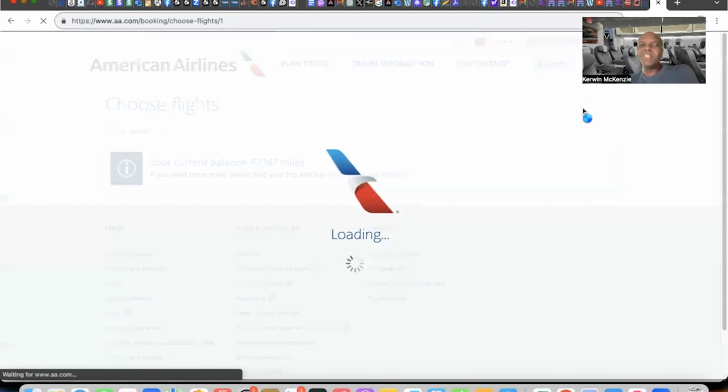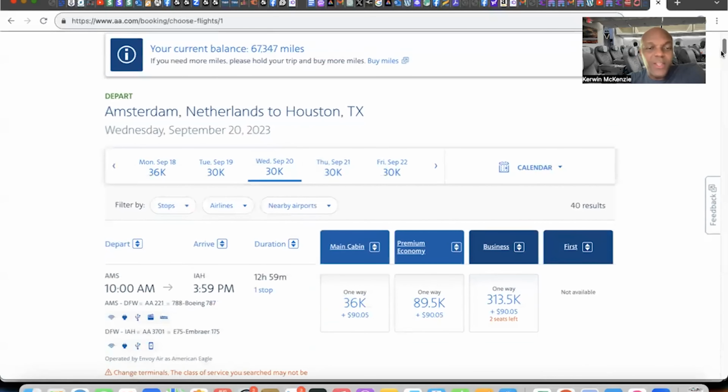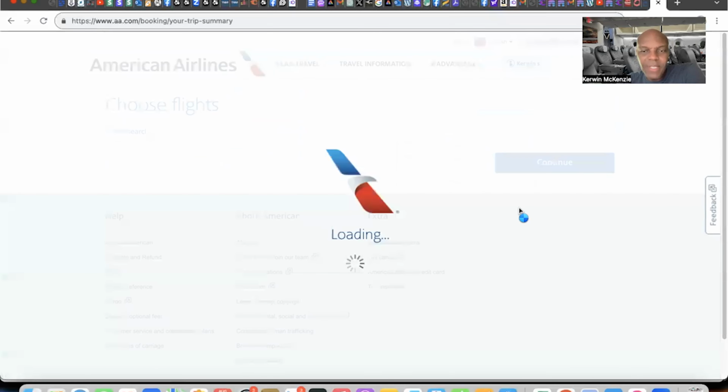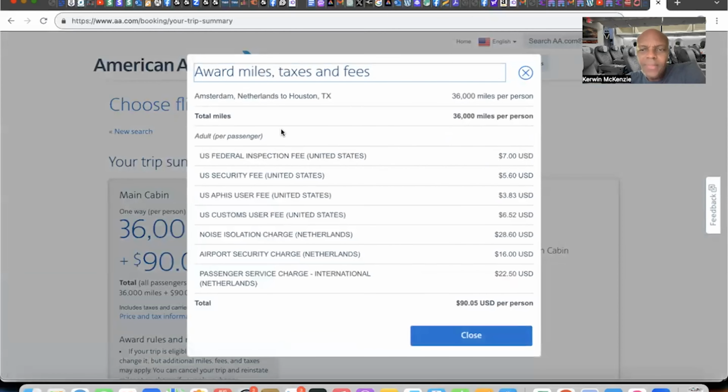Now, sometimes it's interesting because you will see that some airlines won't charge the fee, and then others will, and you just pick the one that doesn't, right? Okay, so it's $90 extra if I'm going to Amsterdam. Let's see what makes up that $90. All right, so coming back, it's a little different, right?